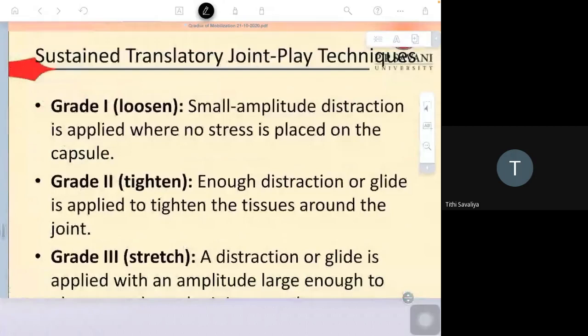So now we will be discussing sustained translatory joint play technique.